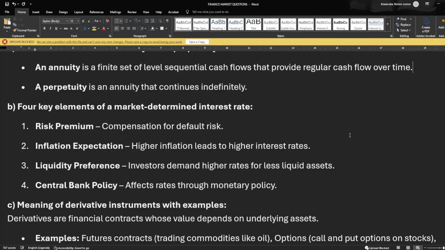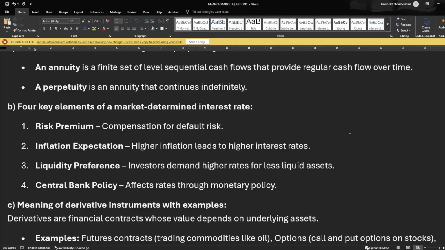They have higher rates. Then central bank policy affects rates through monetary policy. Those are the elements of market determined interest rates: central bank policy, liquidity preference, inflation expectation, risk premium.